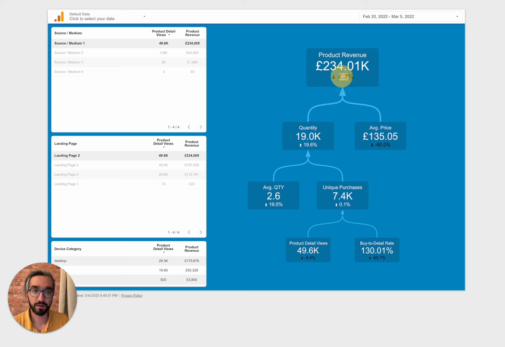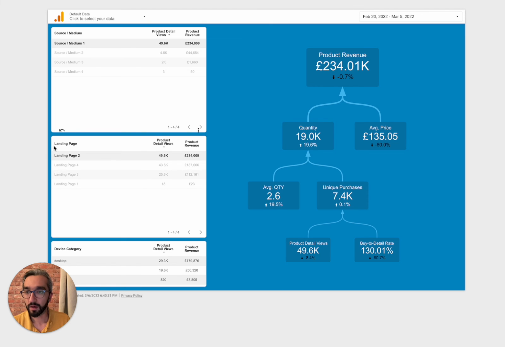The product revenue is stable because we are selling a much larger amount of product. Unit purchase is stable, but we are selling 20% more quantity in the same basket. So you can see the relationship between the KPIs to understand the main drivers.